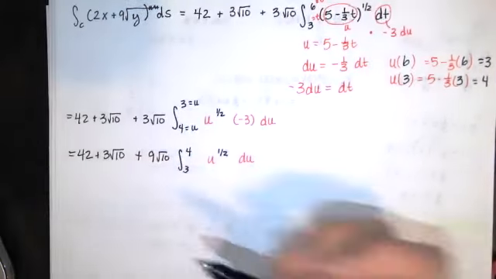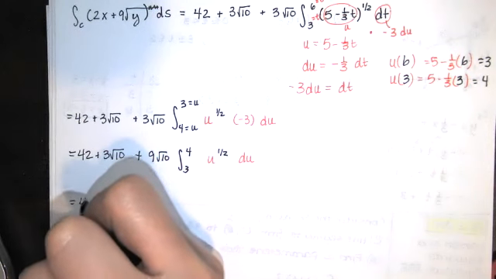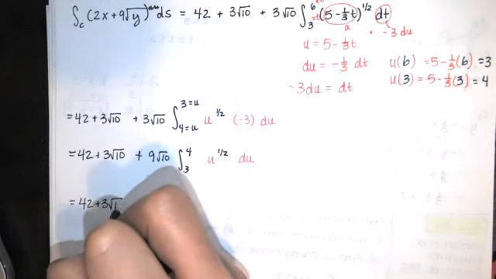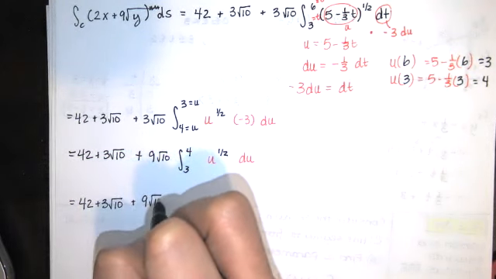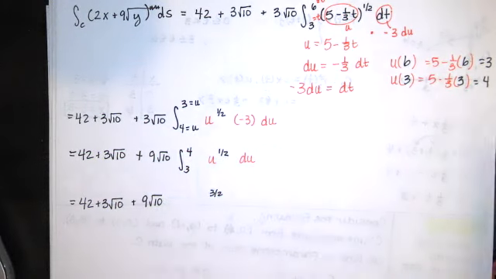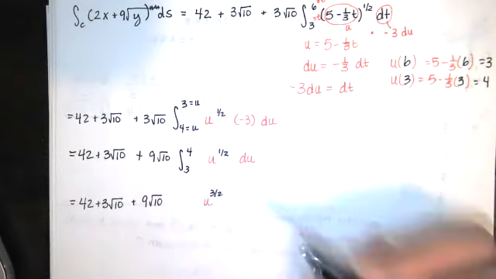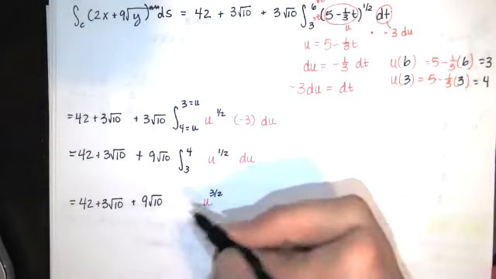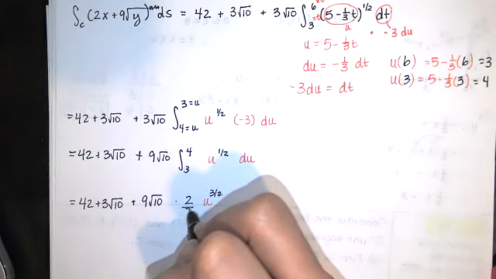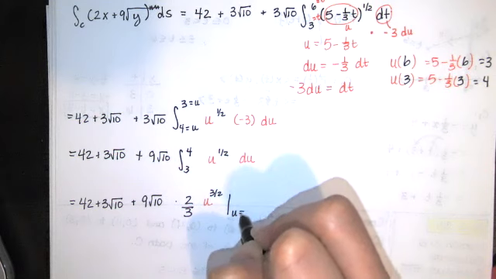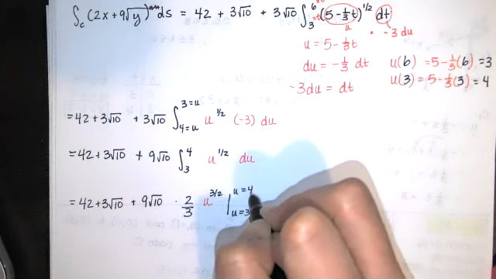And then we just use the power rule for this piece. Add 1 to the exponent, and then divide by the new exponent. Dividing by 3/2 is the same as multiplying by 2/3. Evaluate from u equals 3 to u equals 4.